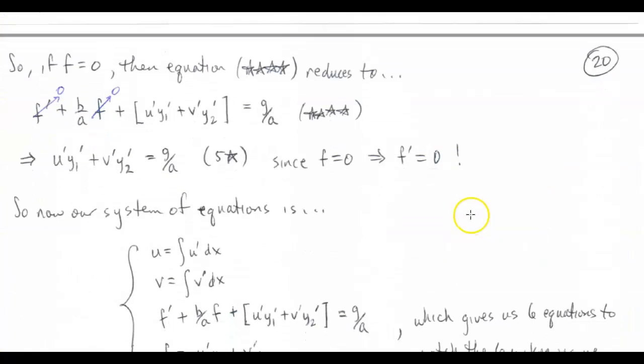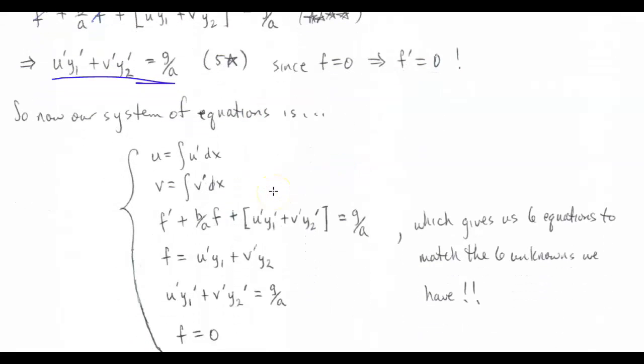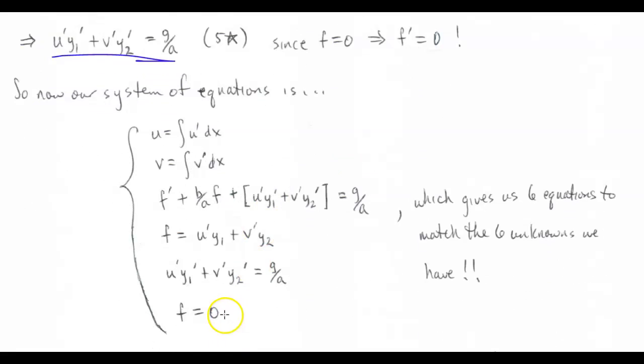All right. So now that we've done all that, we let f be 0, which means f prime is equal to 0. We see that the result ends up being this equation here once we simplify everything. And thus here's our system of equations where we let f equal 0.